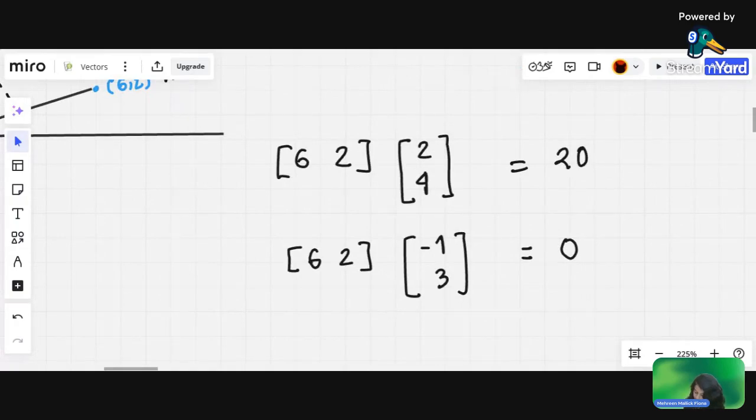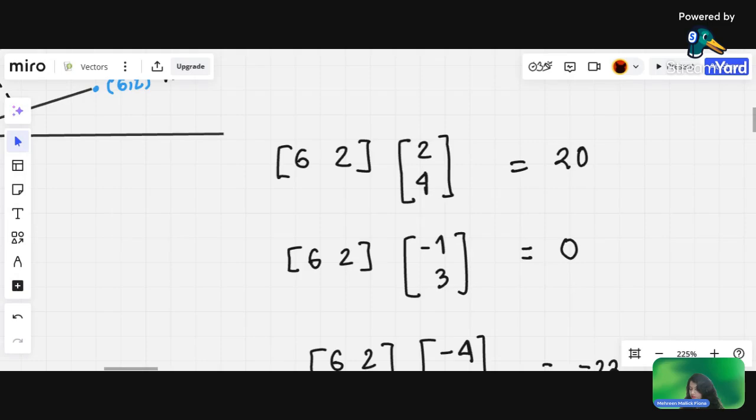And moving on to the third one, if I perform this multiplication, it would be like minus 24 plus 2, which would result in something like minus 22. I think so.